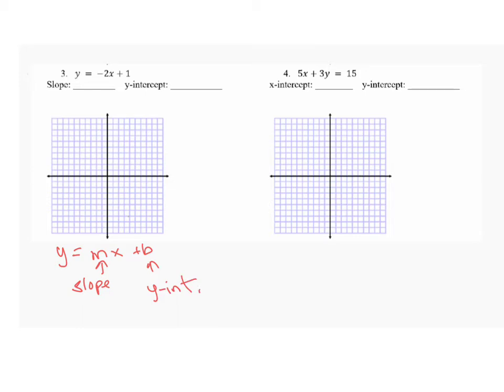What is the slope for y equals -2x plus 1? If you said it is -2, you are correct. What is the y-intercept? If you said 1, you are correct. The y-intercept is 0, 1.